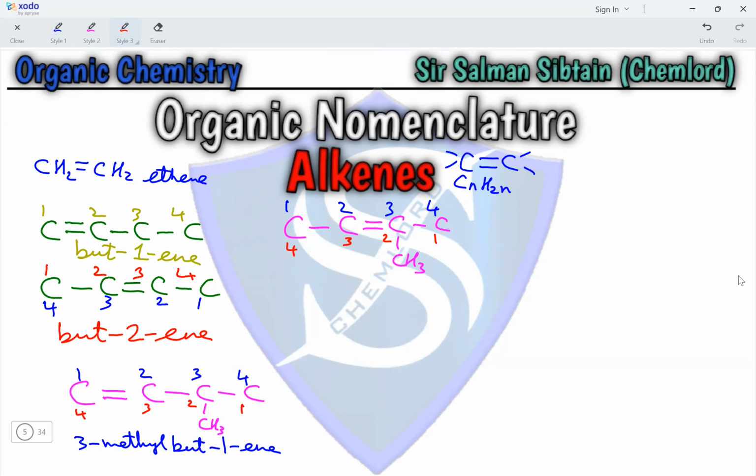But if we number it from right to left, the methyl group is placed on the second carbon atom and the double bond remains on the second carbon atom. So the correct naming would be when we number this chain from right to left. So the name becomes 2-methylbut-2-ene. So we need to be careful when we have such a situation present in the given organic compound.